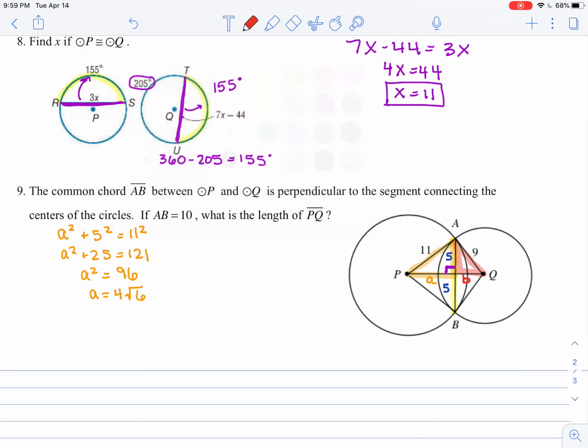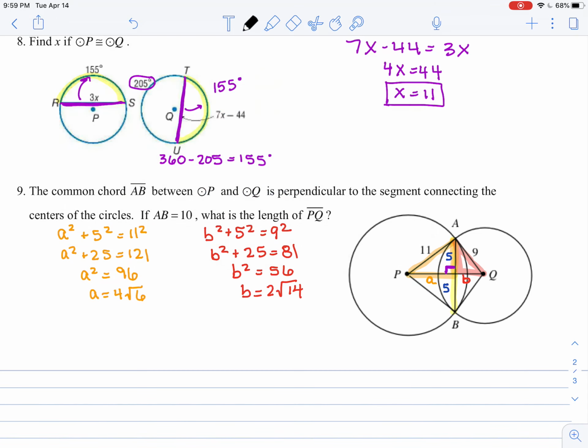Then using the right triangle on the right side, and again the Pythagorean theorem, b squared plus 5 squared will equal 9 squared. So b squared plus 25 equals 81. So b squared is 56. And when we square root both sides, b should be 2 root 14.